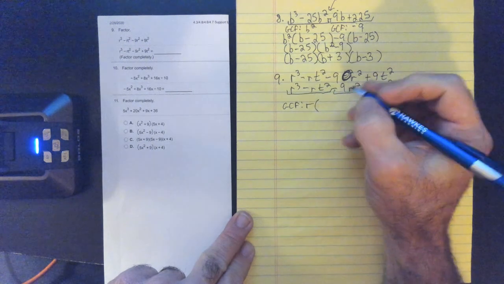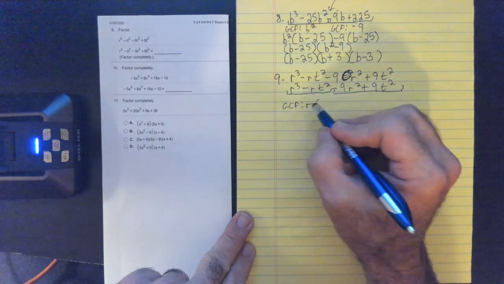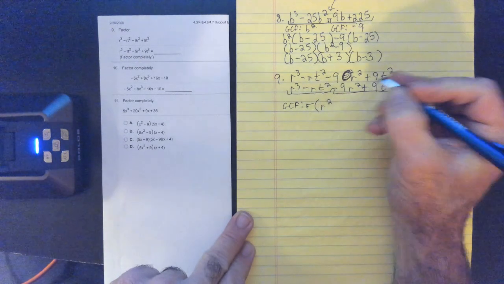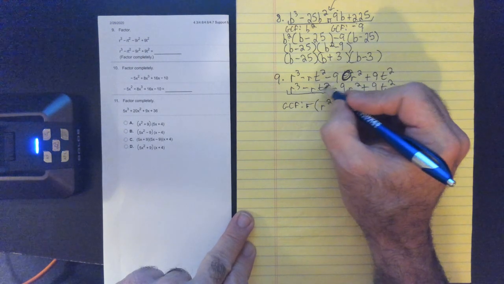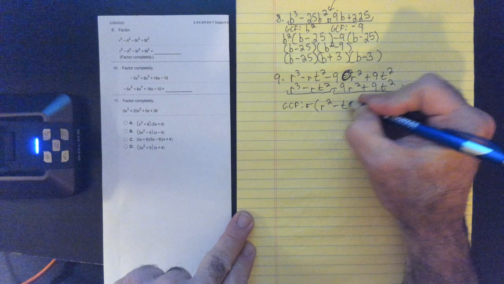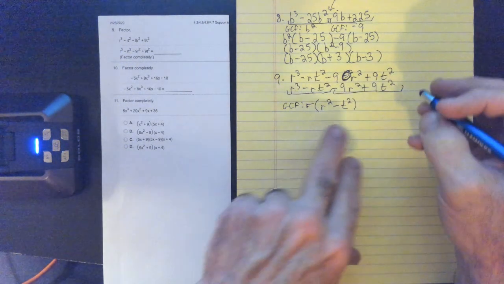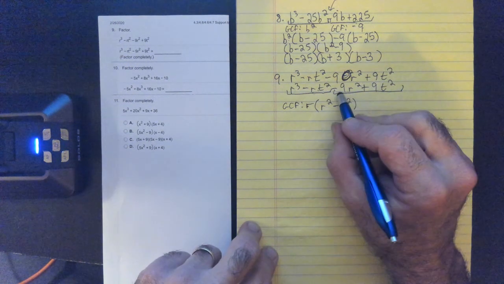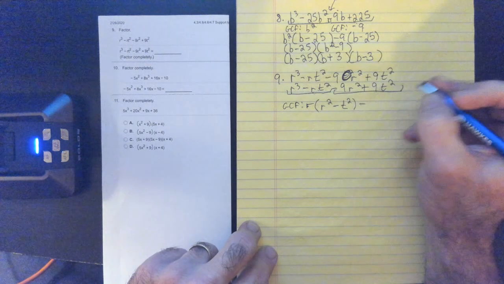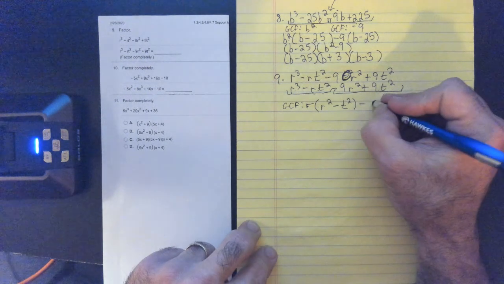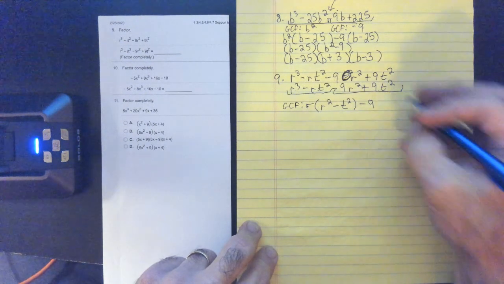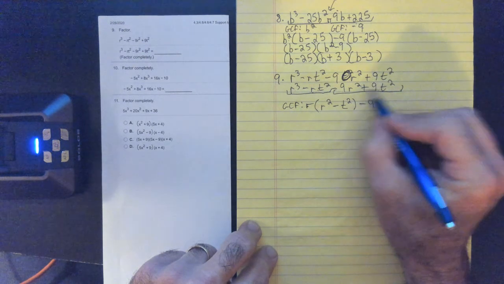And then, in parentheses, r cubed divided by r leaves you r squared, minus rt squared divided by r leaves you a t squared. Now the second GCF over here is going to be negative, and both of these have a 9 in them, and that's it. So let's divide both of these by a negative 9.